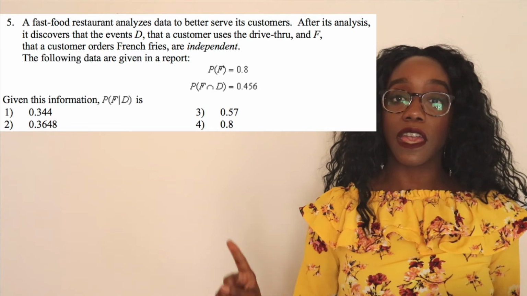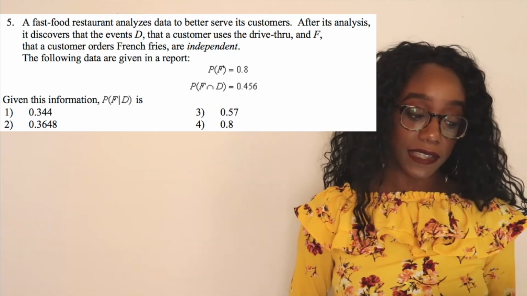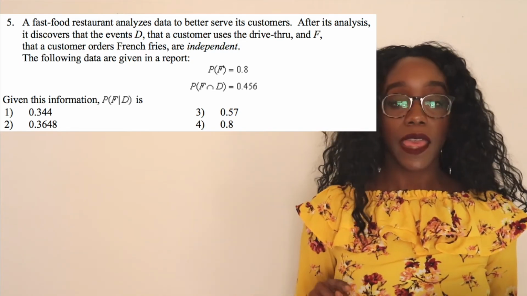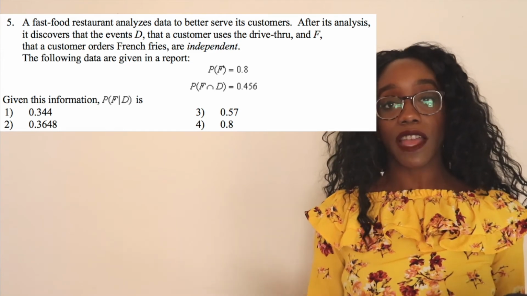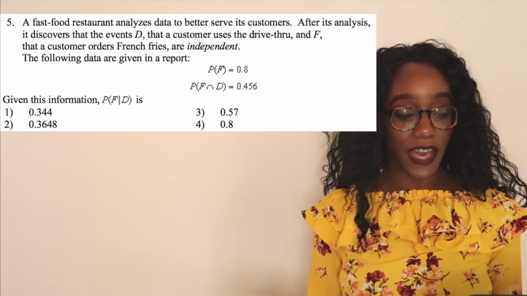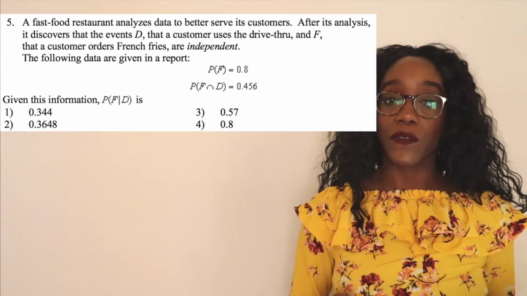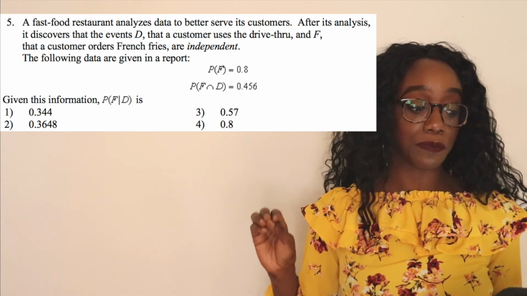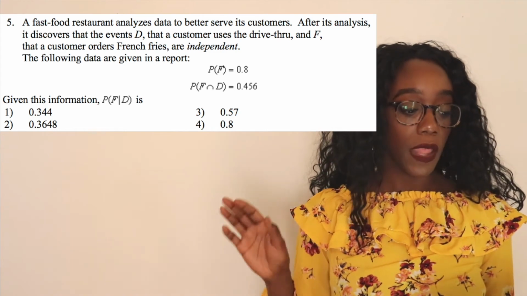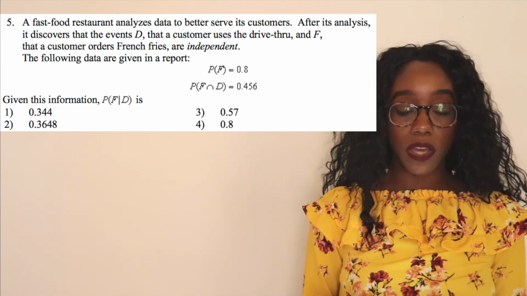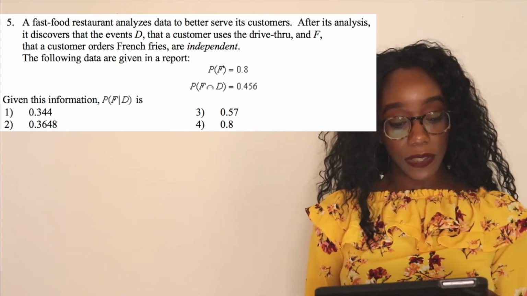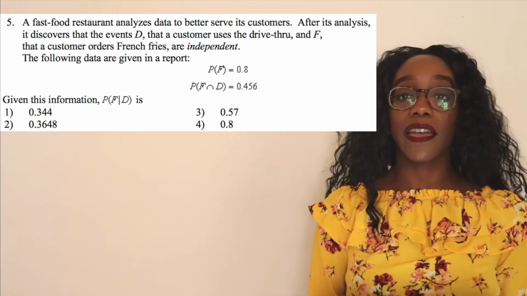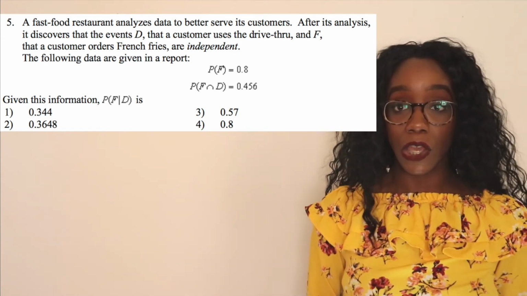The probability of ordering French fries is 0.8%, and the probability of going through the drive-thru and ordering French fries is 0.456%. Cool. So now we have to think about what is the probability of F given D.